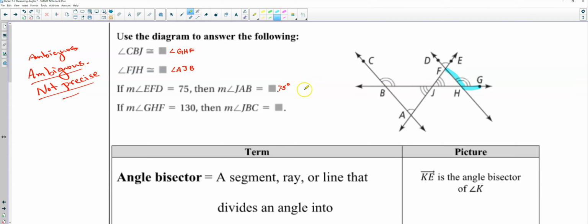GHF is 130 degrees, then the measurement of angle JBC, notice it's the same one as this one backwards, JBC. Those two angles have two arcs, okay? So that's also 130 degrees because they are congruent. Pretty simple, huh?